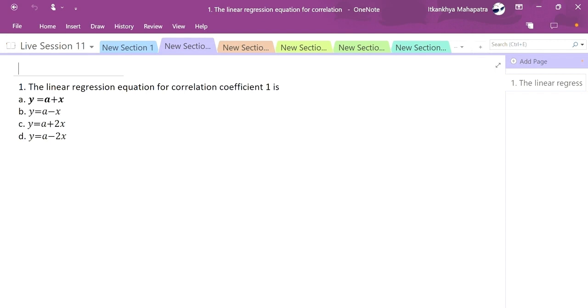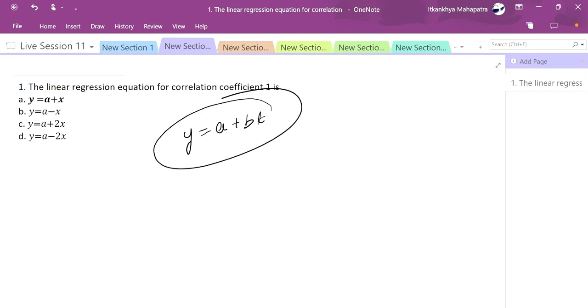So the question here is, in regression, what is the equation for the correlation coefficient? If the correlation coefficient is 1, then what will be the regression equation? Suppose y is equal to a plus b t.